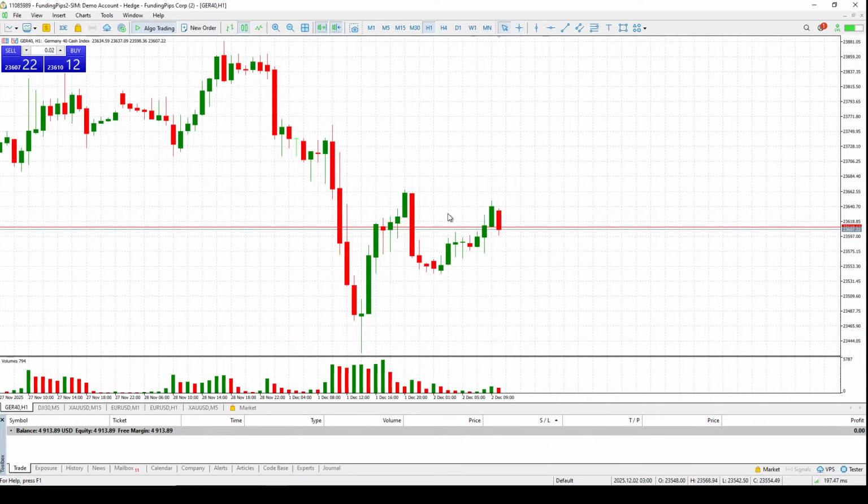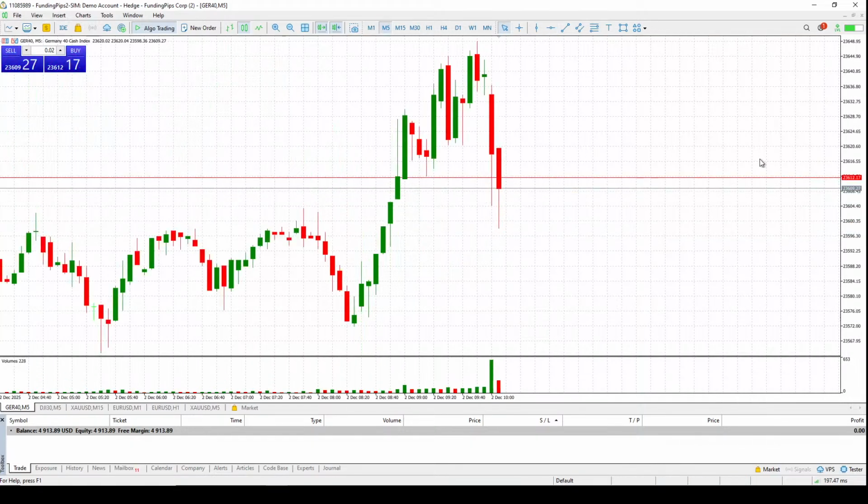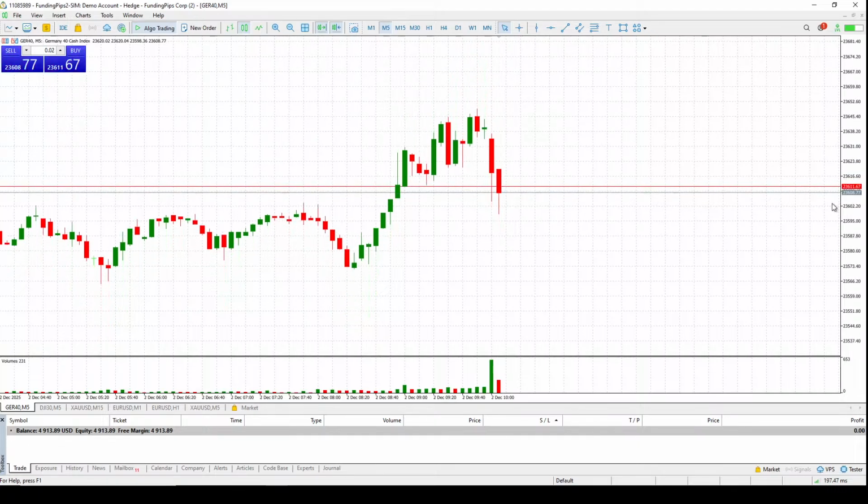And I'm thinking that the price will revisit this low again today. Maybe we can target this low if we are going short. But let's first see what's going on in the first 10 minutes of trading.